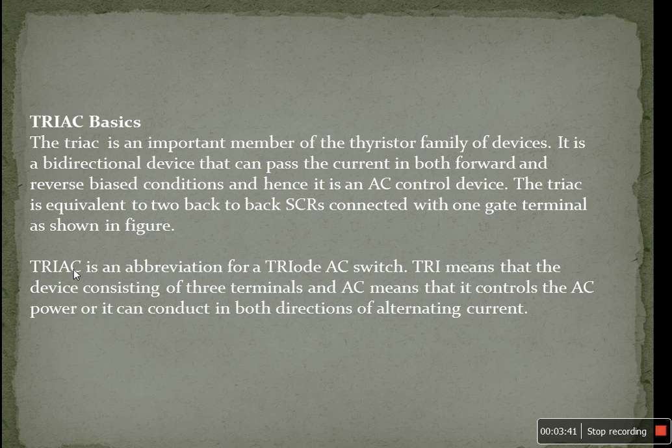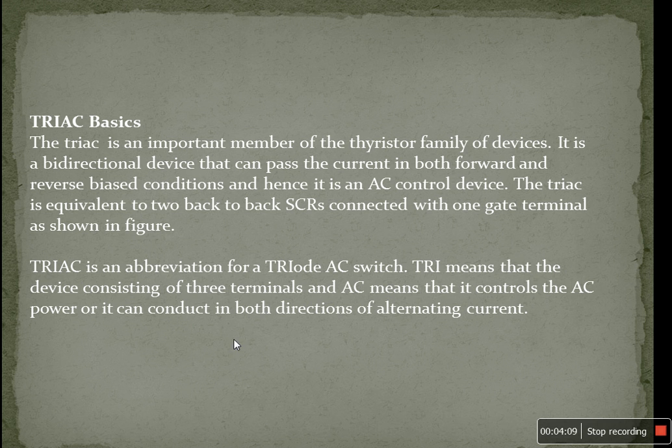What is meant by triac? The abbreviation is triode AC switch. Tri means triode, that is, the device consists of three terminals, and AC means AC switch: it controls AC power or can conduct in both directions.